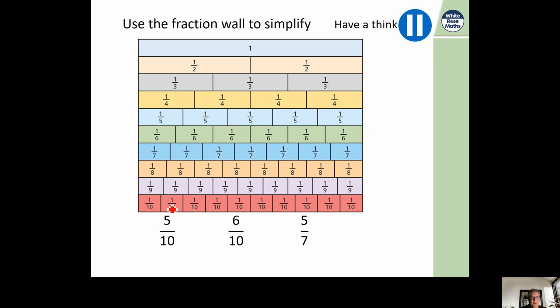Count along. 1, 2, 3, 4, 5. I don't have a ruler, but if I go steadily, there we go. Can definitely simplify that to 4/8. Can you go any simpler?